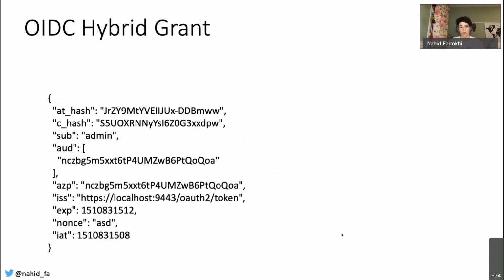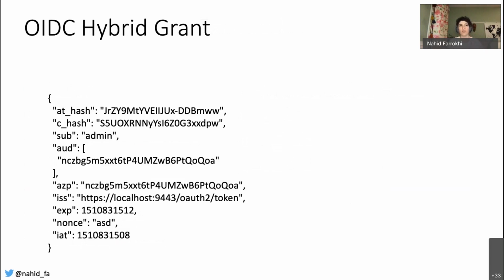And the hybrid one. Hybrid is actually good to know about. So hybrid is safe, but for hybrid, what we do is that we're going to receive an authorization code flow. We're going to receive an ID token in addition to the code, right? And then we exchange that code for the access token. But there is a difference here, which they call hybrid. In the hybrid, there is a property you see here as c_hash.